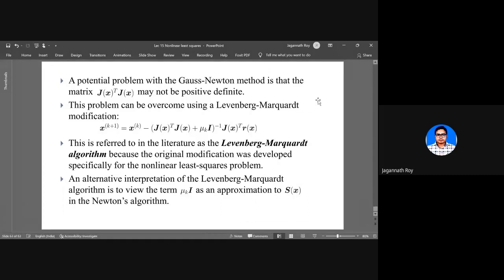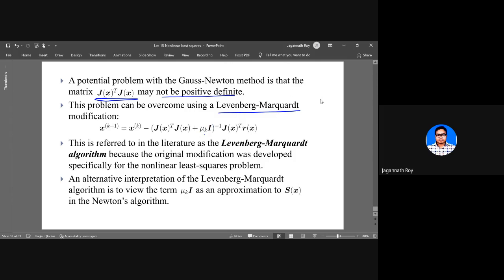Now there is one problem in the Gauss-Newton method. If this matrix is not positive definite, then what will we do? Then we'll go to the last class that we have discussed, the Levenberg-Marquardt method. We will impose one particular mu k value, which is a large value, so that the resultant becomes a positive definite matrix.